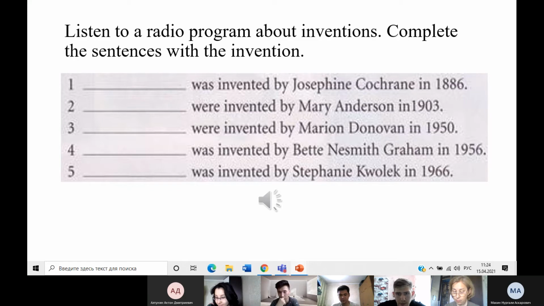In 1966, Stephanie Kvolek invented Kevlar, a special material which was very light but incredibly strong, much stronger than metal. This material is used to make the bulletproof vest. Her invention has probably saved thousands of lives. Thanks very much, Sally. So, if you thought that everything was invented by men, think again.